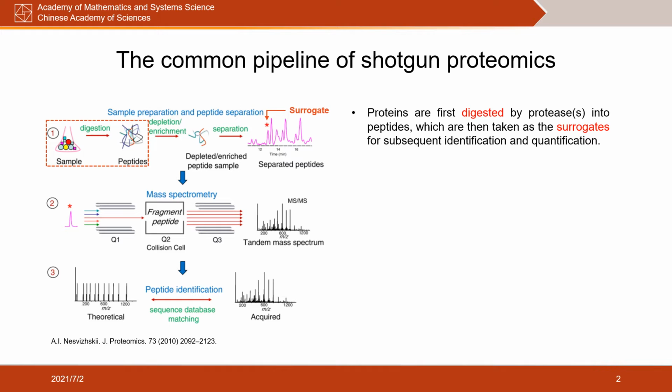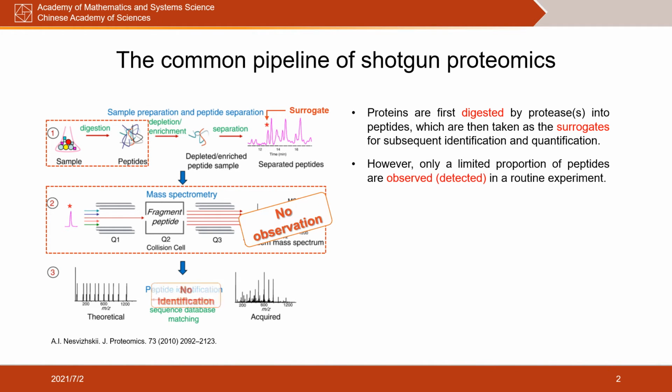However, only a limited proportion of peptides are observed or detected in a routine experiment, leading to many peptides without observations. Therefore, the prediction of proteotypic peptides, that is, detectable unique representatives of proteins, has become a crucial task.